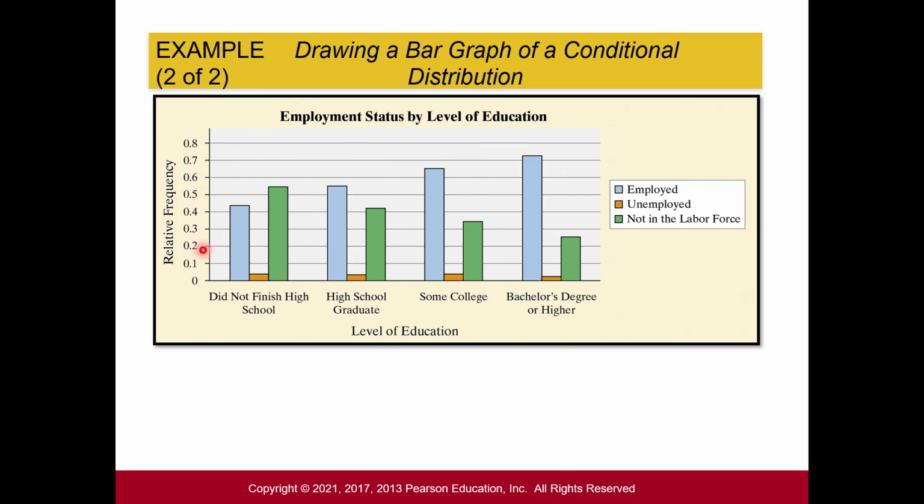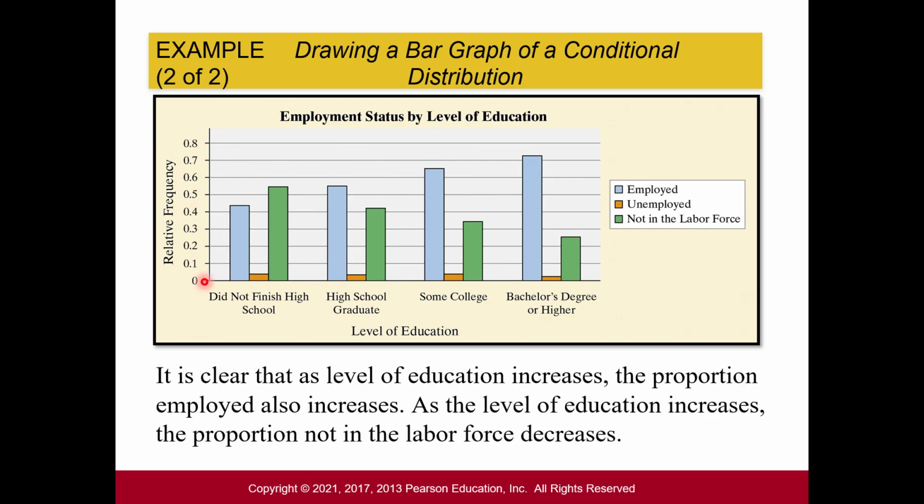So here's our bar graph. We have on our horizontal axis our level of education, and on our vertical axis the relative frequency. For each category, we have 3 colors and 3 bars because we have our 3 employment statuses. As we can see from the height of each bar, blue being employed, this is a visual for what we just talked about: as the level of education increases, the height of the blue bar increases, which means employment is higher the higher the education.